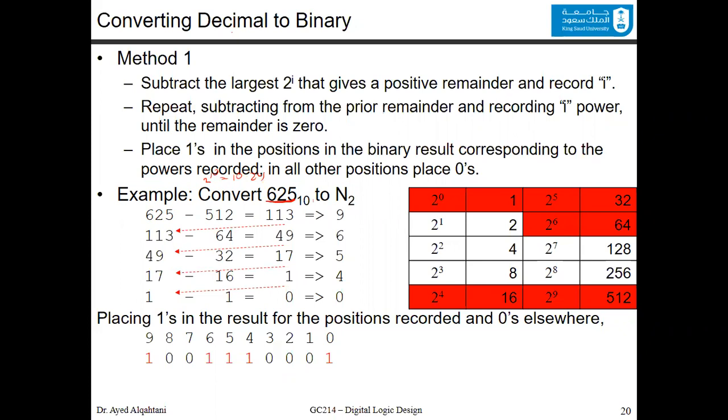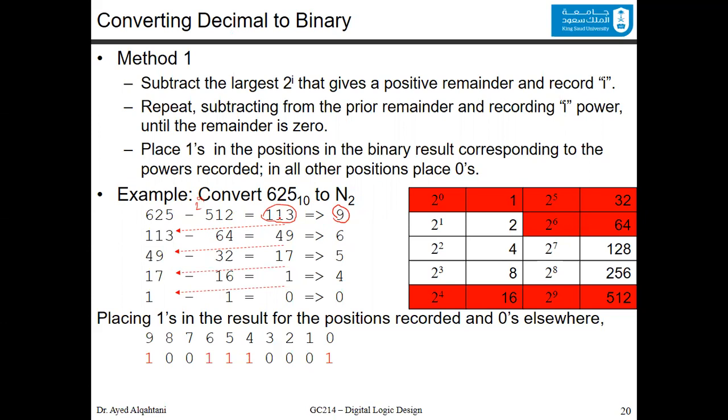The result will be negative. So the largest power that gives you a positive result is 512. And if you do the subtraction here, you will get 113. But what you care about is the power, which is 9, because 512 is 2 to the power of 9.